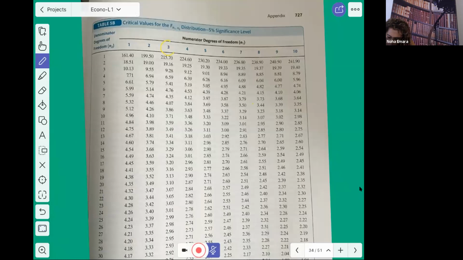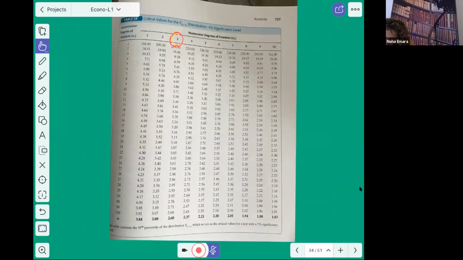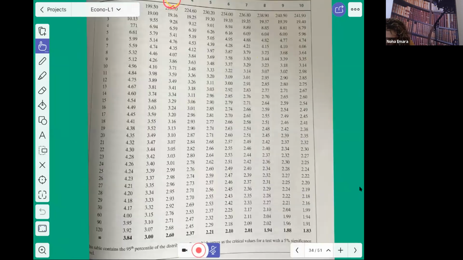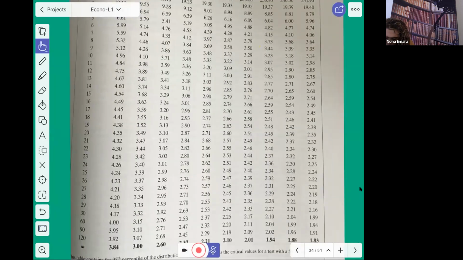Let me use another color. So if I have 3 X's, then I'm going to use number 3. And then I need to figure out what my sample size is. If my sample size is more than what I see here, which is going to be the case, 120 is the last row here. Most of the time we're working with more than 120, and that's why I take the approximation, which is infinity.